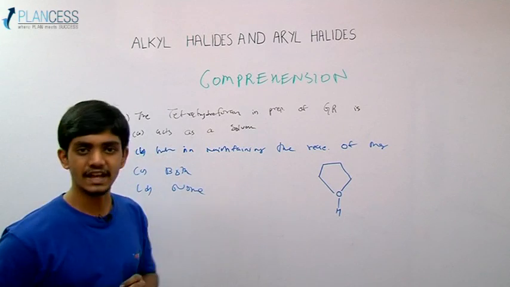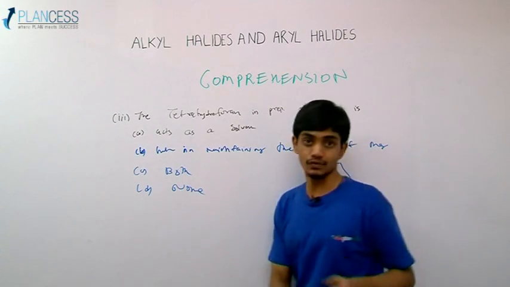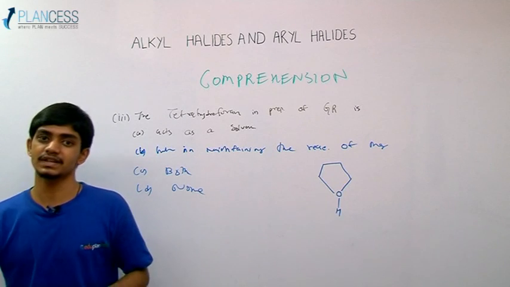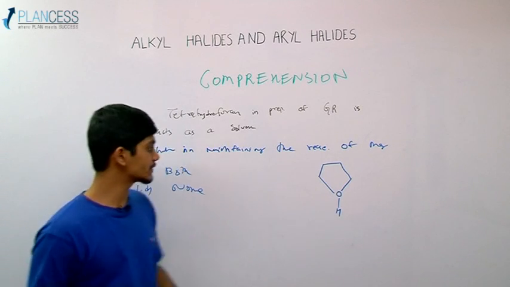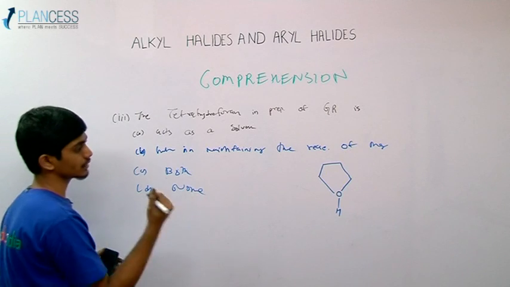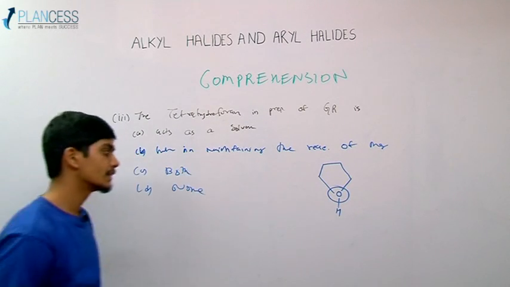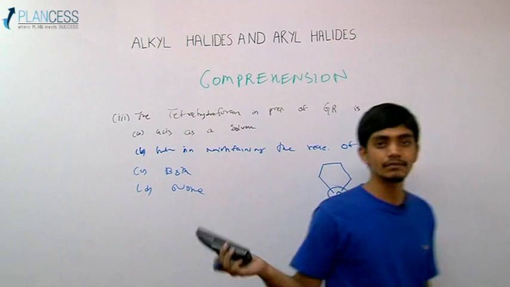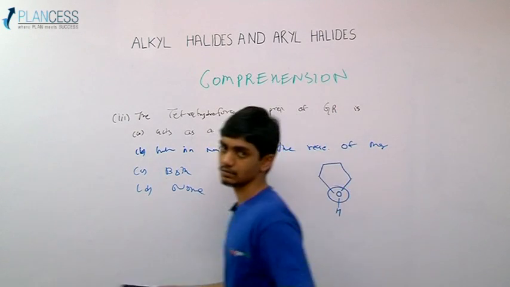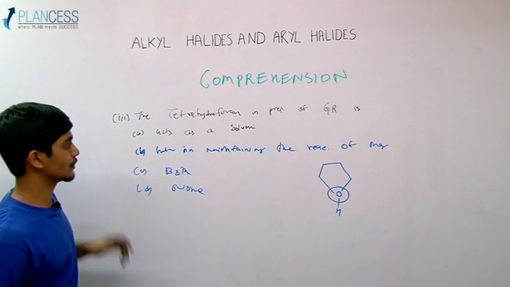So now this is THF, and this also comes in the hydroboration oxidation. If you remember, we use BH3·THF as the reagent. Now this is a non-polar reagent, I mean not so much polar. This is something like an ether itself, but the only difference is this is a cyclic ether, and we generally use diethyl ether. Fine.